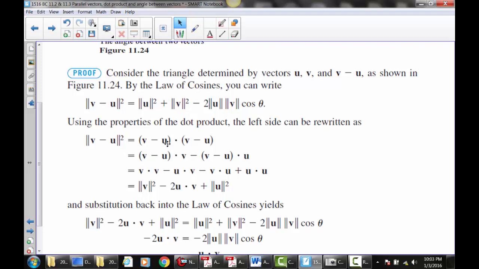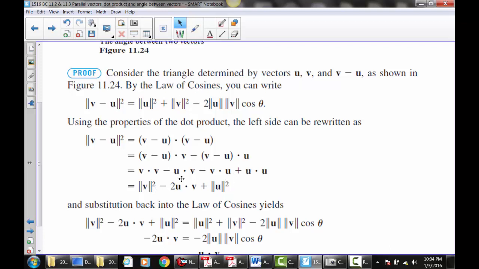So if you actually perform this dot product, because of the distributive property, you have v minus u dot v minus u, and then you have v dot product with v minus u dot product with v, etc. And then, of course, that property comes back: the dot product of a vector with itself is the square of the magnitude of that vector.